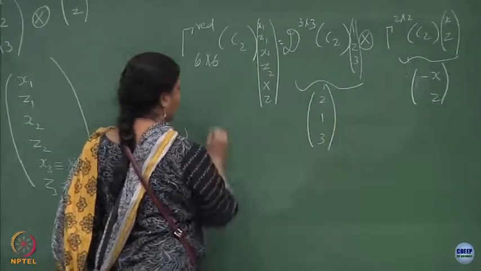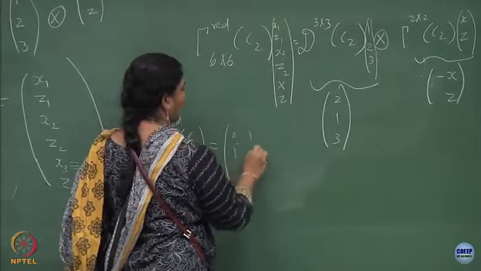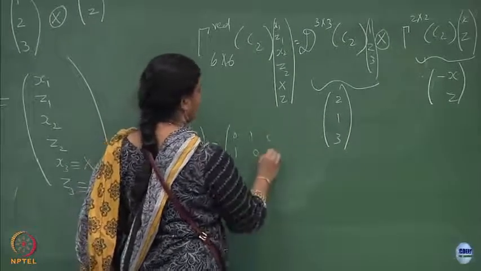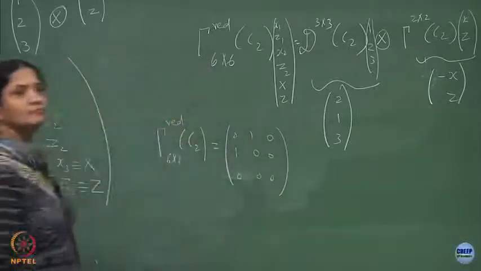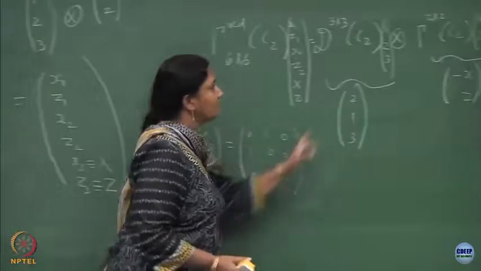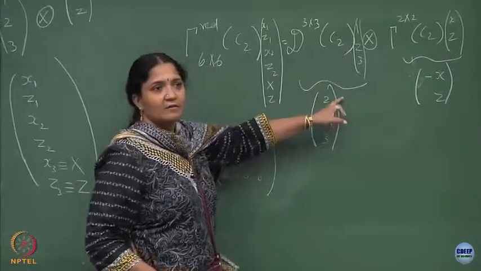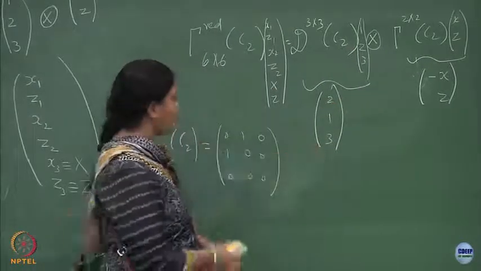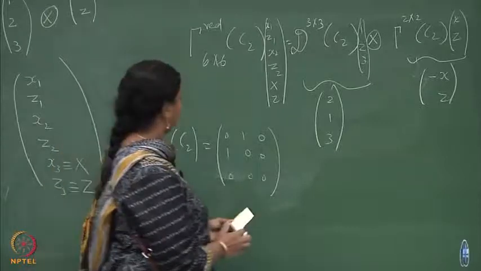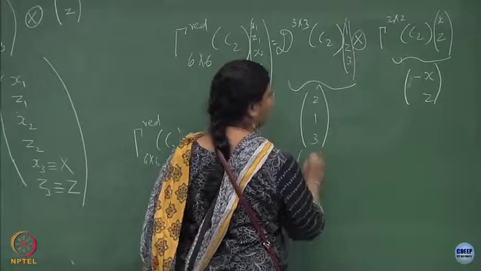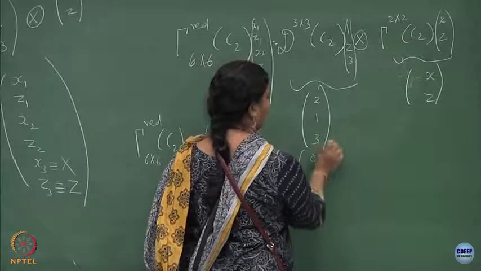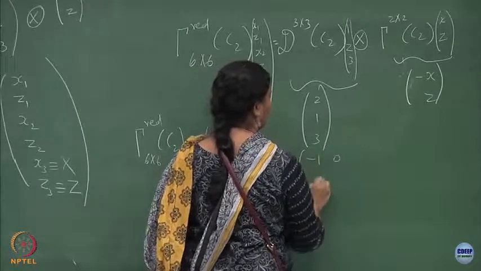So this clearly tells me it is 0, 1, 1, 0. That is the matrix which will take, is that right? No, I will do it. Then 0, no, minus 1, 0, 0, 1.